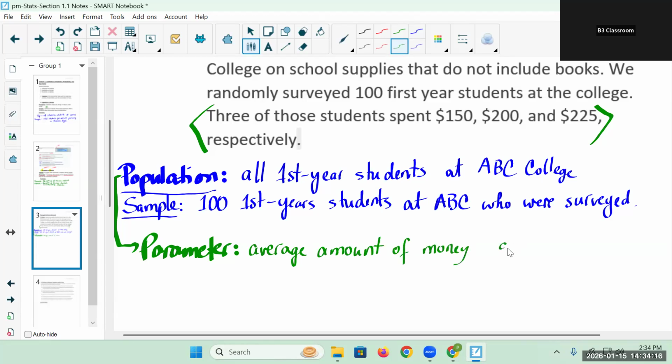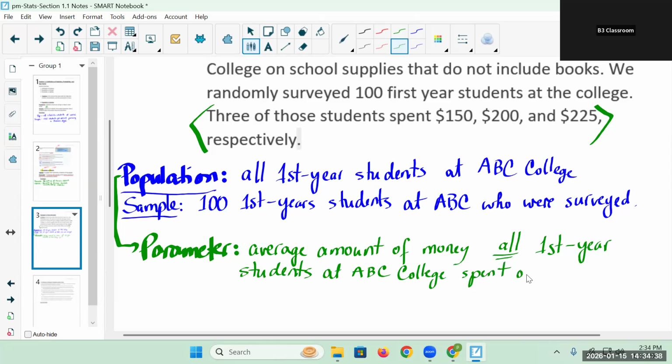Here's the key. All first-year students at ABC College spend on supplies, but not books.